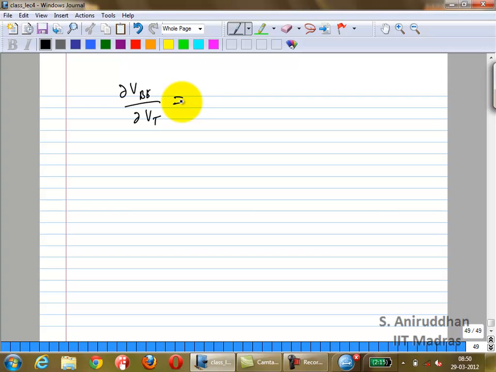What is ∂VBE/∂T? I just differentiated the two parts separately.